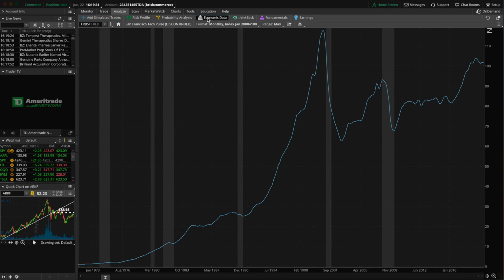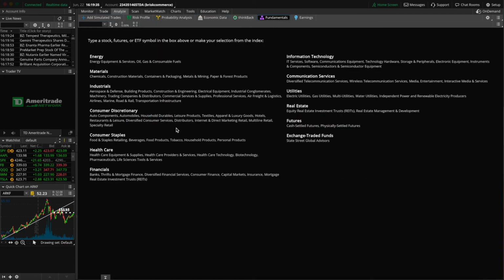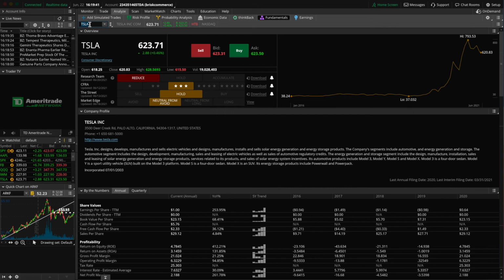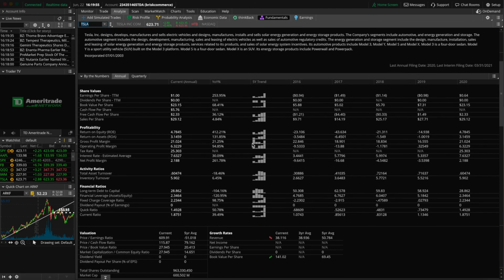Now, you can also check and see the economic data and some fundamentals related to a certain stock or ETF. If I wanted to look at Tesla, for sake of repetitiveness, it'll give you a nice little consolidated opinion section over here. It'll give you what the information was on a given day, and all of this related information.